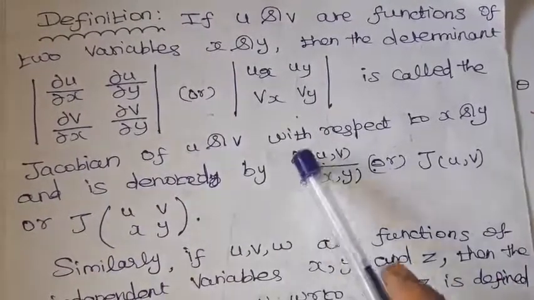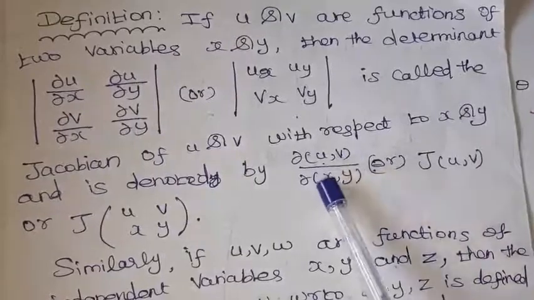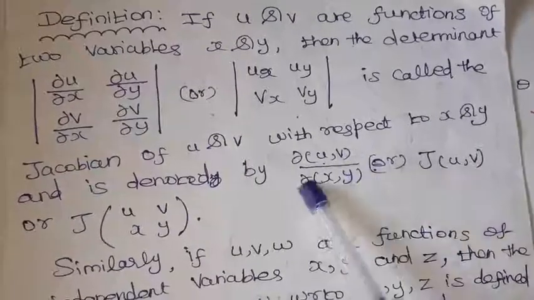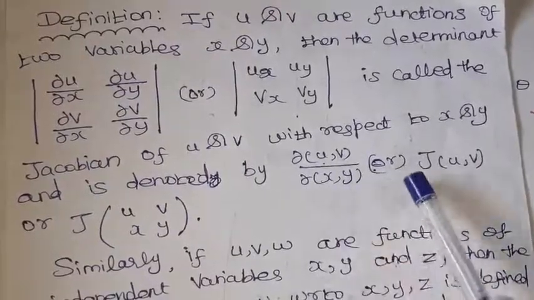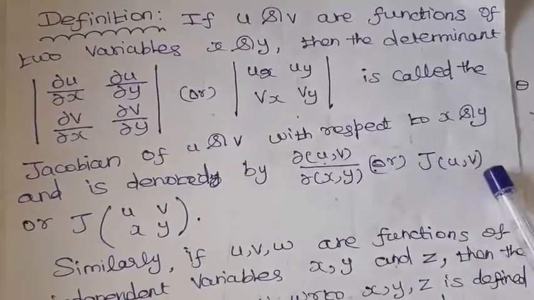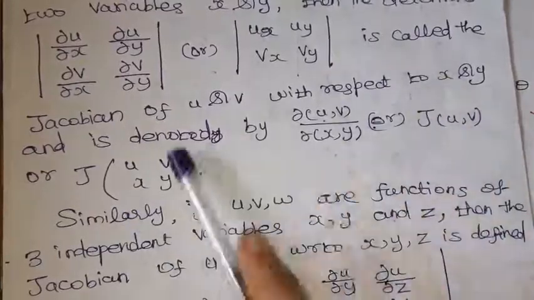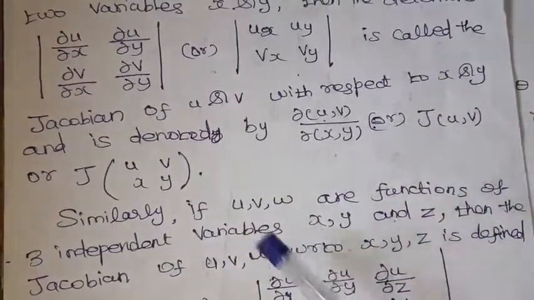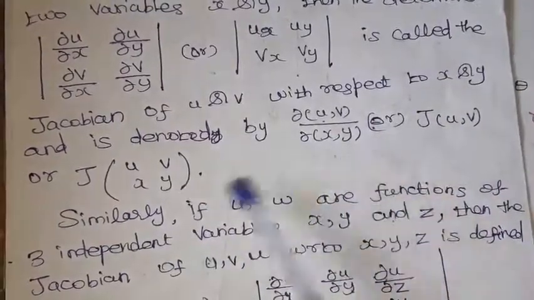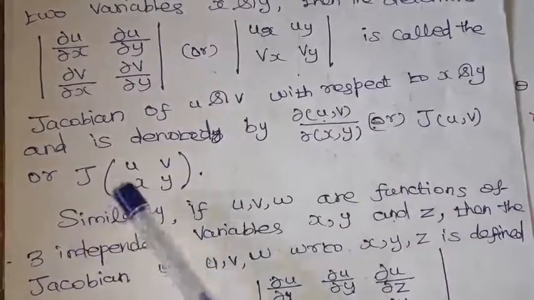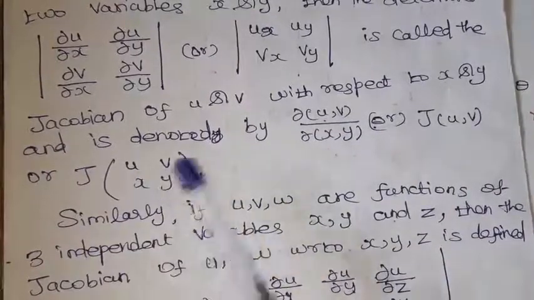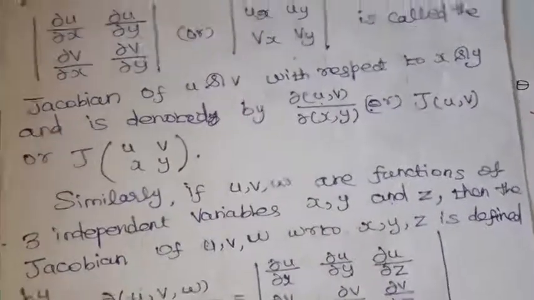It is denoted by ∂(u,v)/∂(x,y), or simply J(u,v), in different formats. Similarly, this is for two variables.